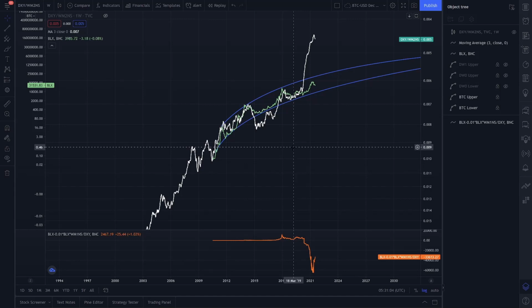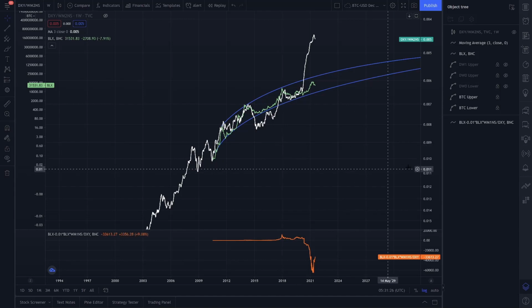So let's consider the possibility that the underlying mechanism that drives value in Bitcoin is in fact value change within the US dollar, being the greatest trading partner for Bitcoin, as discussed in my previous videos.